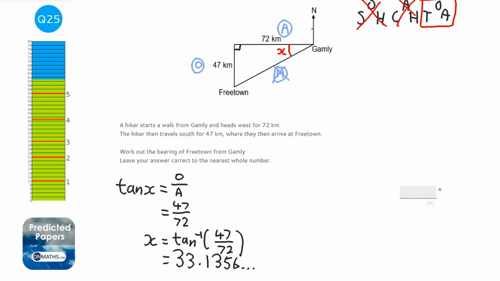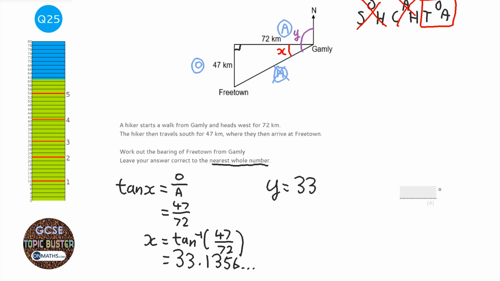What we can do is work out what this angle is, and I'm going to call that y. It's going to be 33.1, but we're looking for the nearest whole number, so let's call that 33. Then we're going to add the right angle here. The reason I know this is a right angle is because it says he heads west and then south.